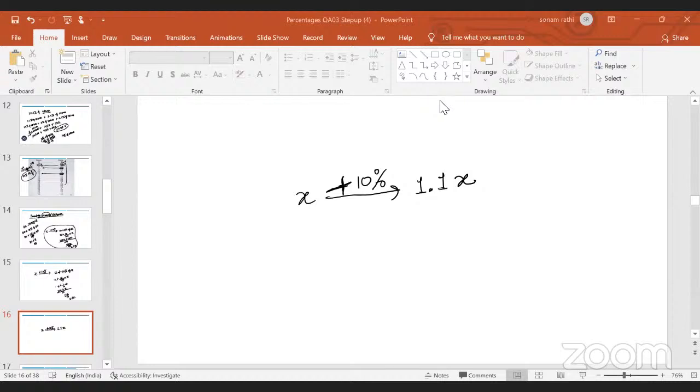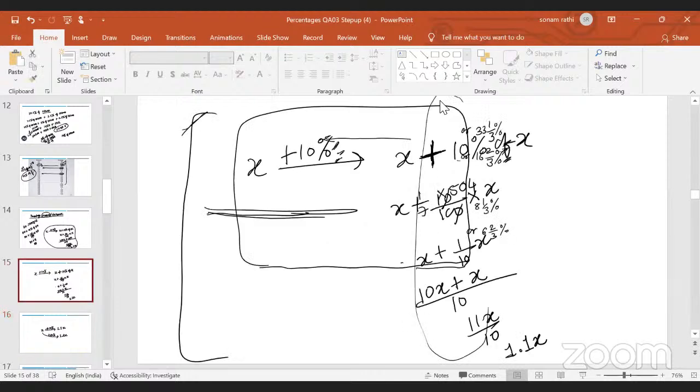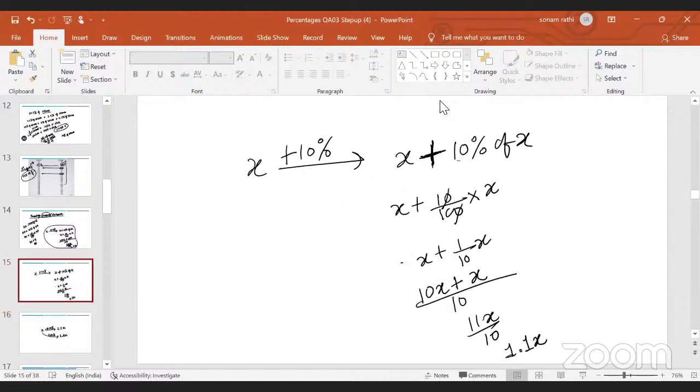Now tell me, if I increase it with 20%, it will be 1.2x, yes or no? Try and check it. Do it yourself and then tell me whether I'm writing the correct thing or not. Write in the similar manner, X plus 20%.